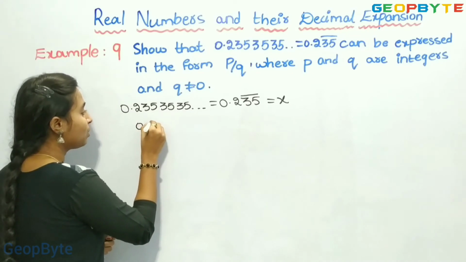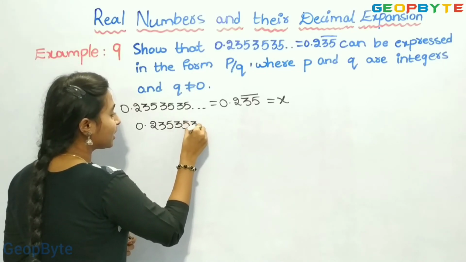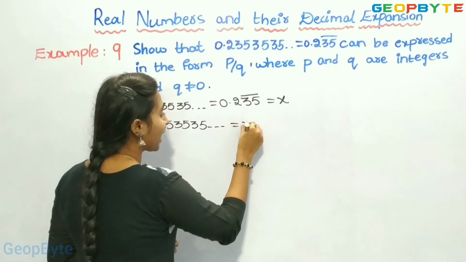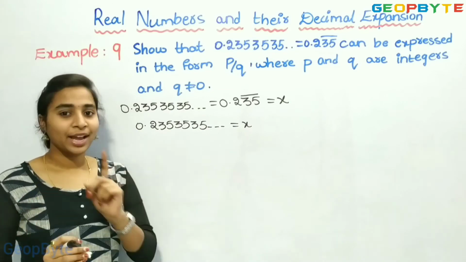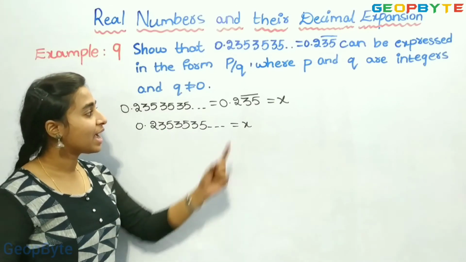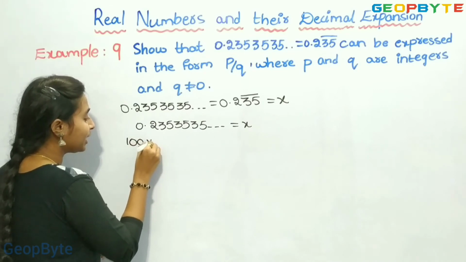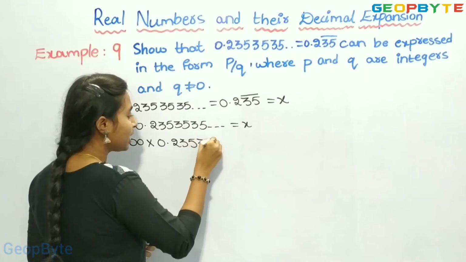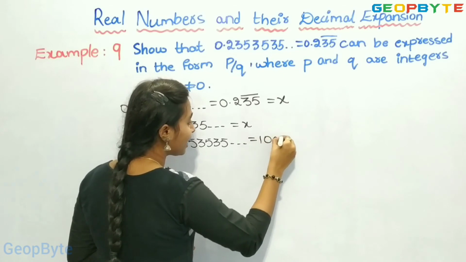So, 0.23535 and so on is equal to X. Now, let us multiply 100 on the left hand side and right hand side as we have the bar for 2 digits. So, 100 into 0.23535 and so on is equal to 100 into X.